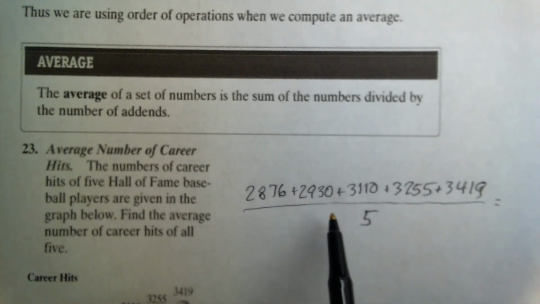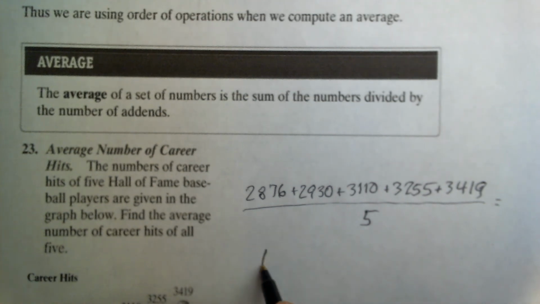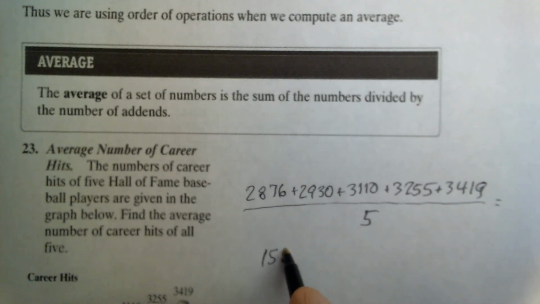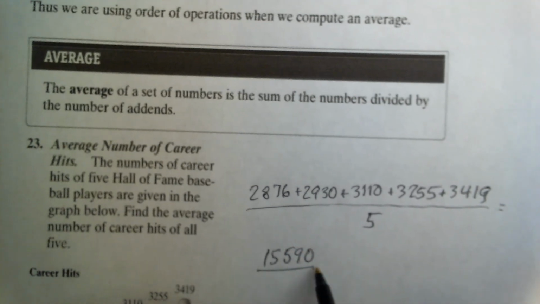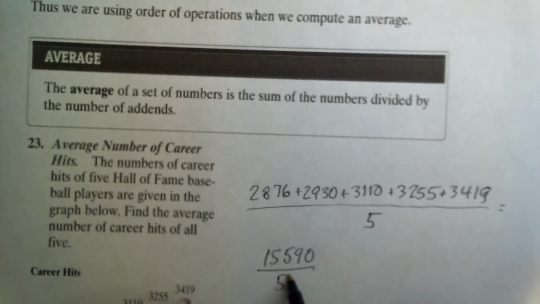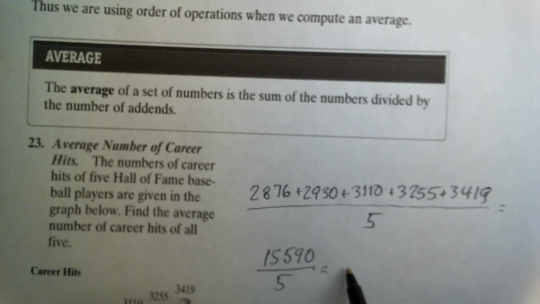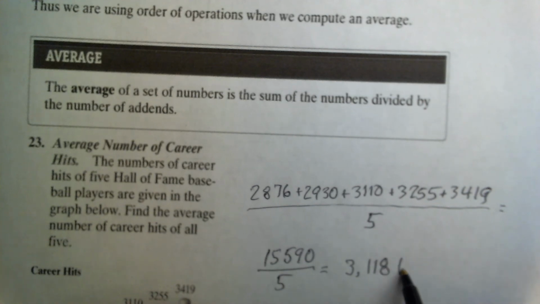So when we add up the numbers in the numerator, the 5 addends, we get 15,590 divided by 5, and that's equal to 3,118 hits.